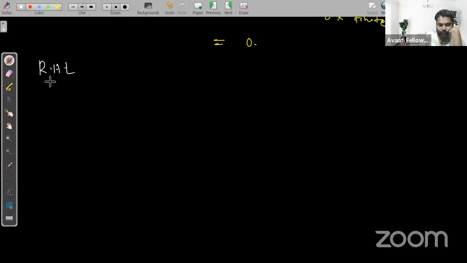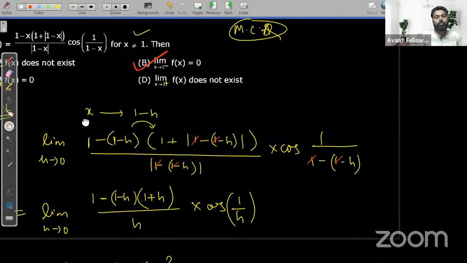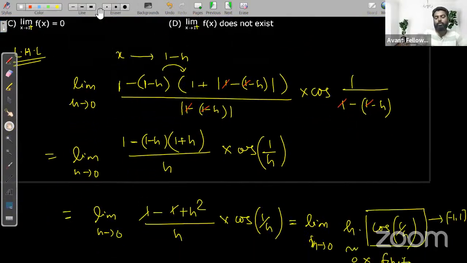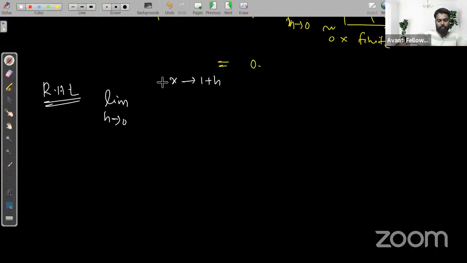RHL, that is the limit x tending to 1 plus h, so h tending to 0, and the function is given as 1 minus x into 1 plus mod of 1 minus x, divided by mod of 1 minus x into cos of 1 by 1 minus x. Let me check what function I have taken.